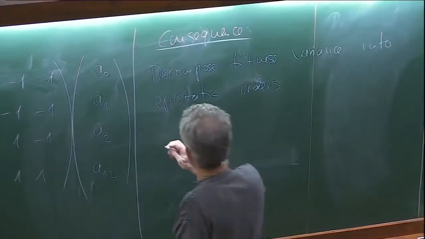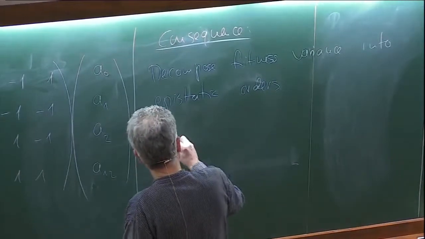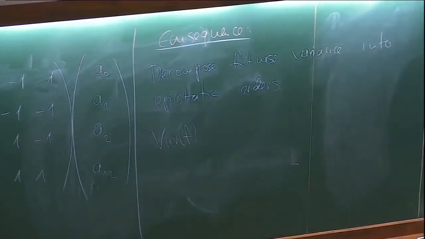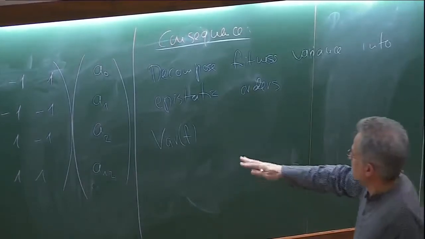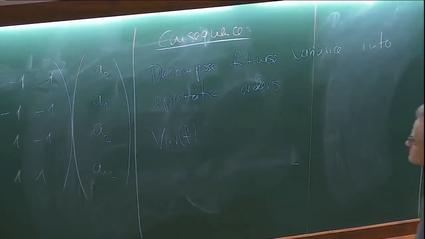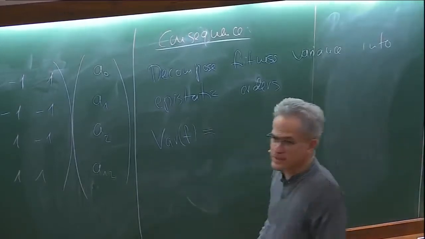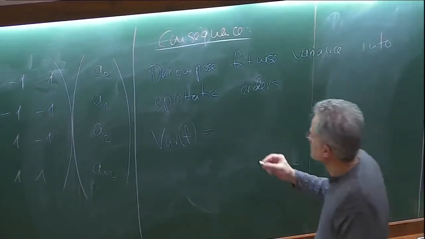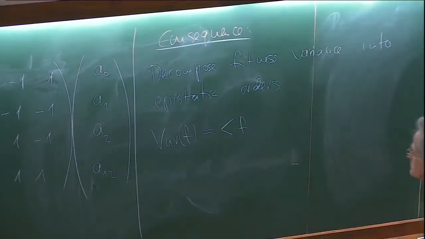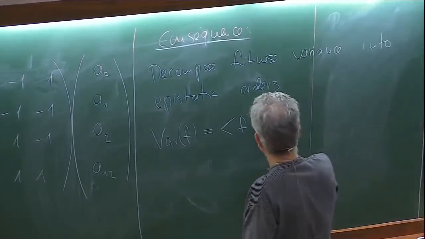So this is just the variance of the fitness, so the mean of the fitness squared minus the mean fitness squared. Okay. I also need a notation for averages. So if I use this to write the average over the landscape, right?